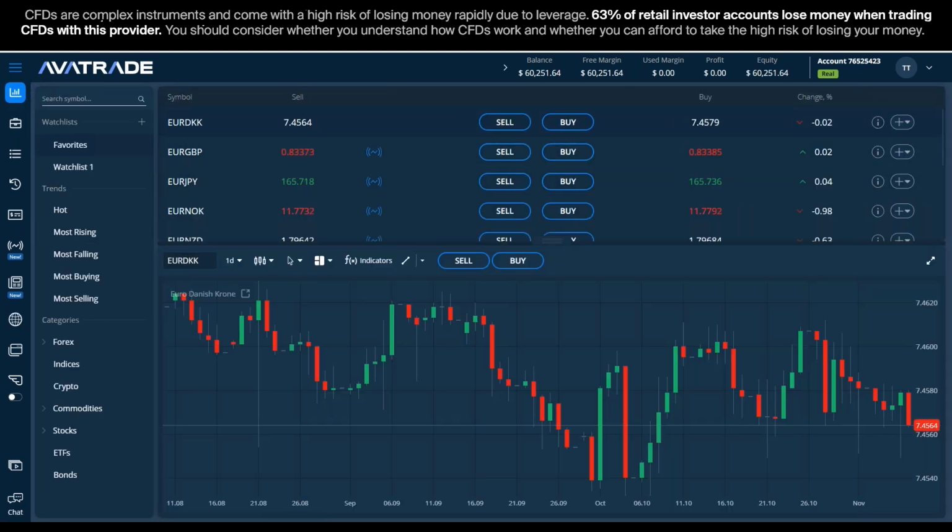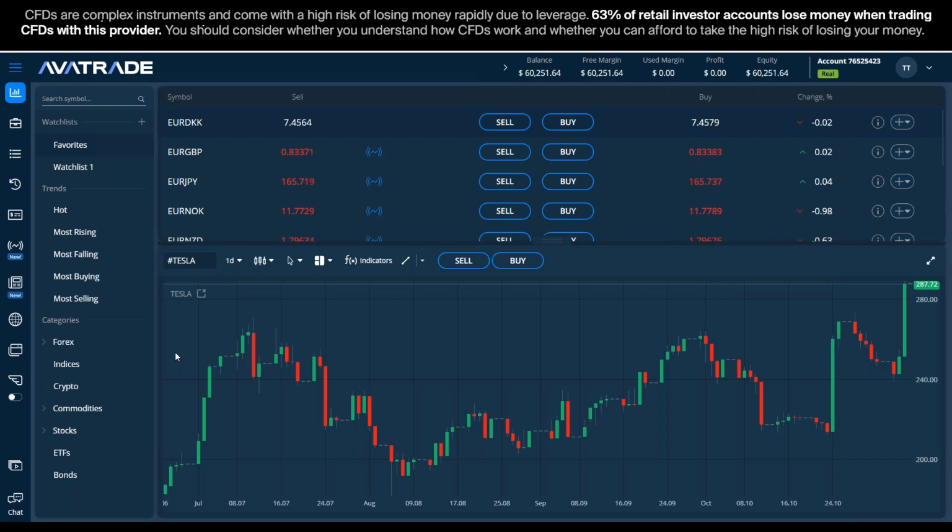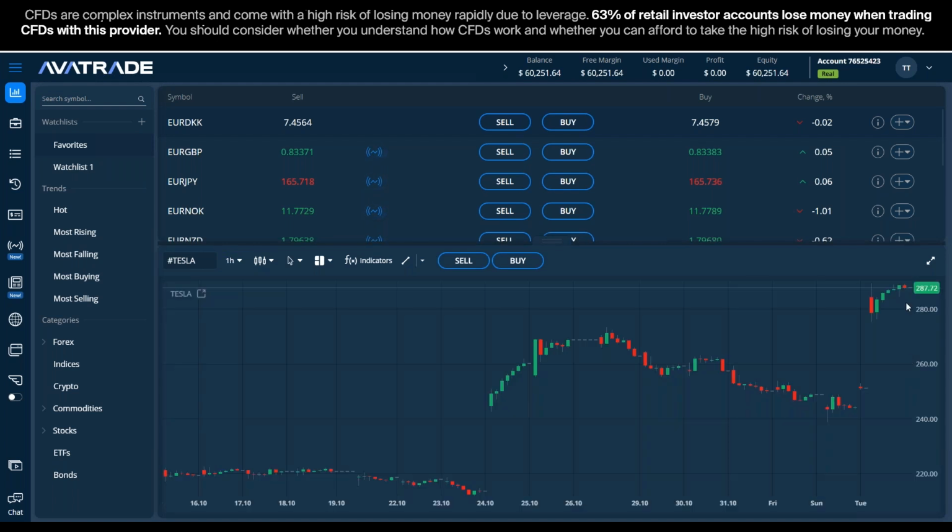And we'll bring Tesla back up. 290 to 308. And so we almost got to 290 yesterday. Let's go to 1 hour candles. You see the gap up?